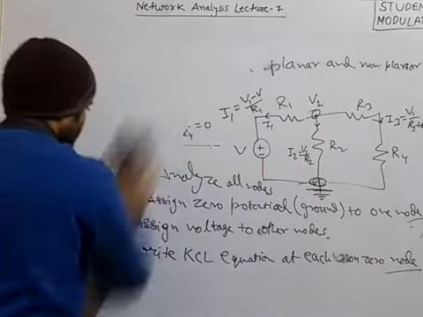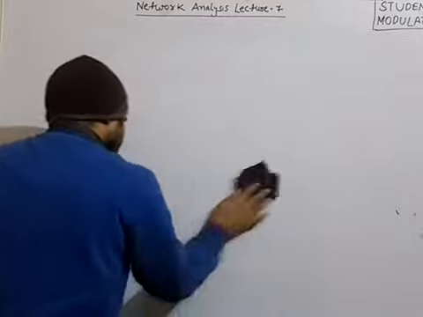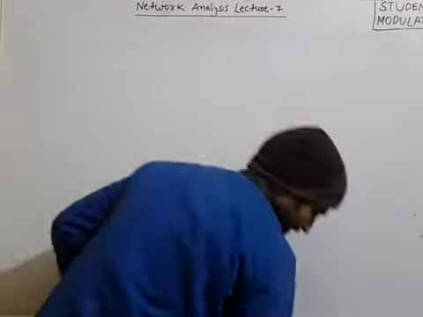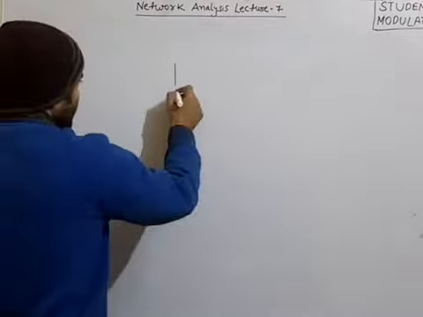When there is a voltage source, let's take an example: a voltage source V with plus and minus terminals, and resistances R.